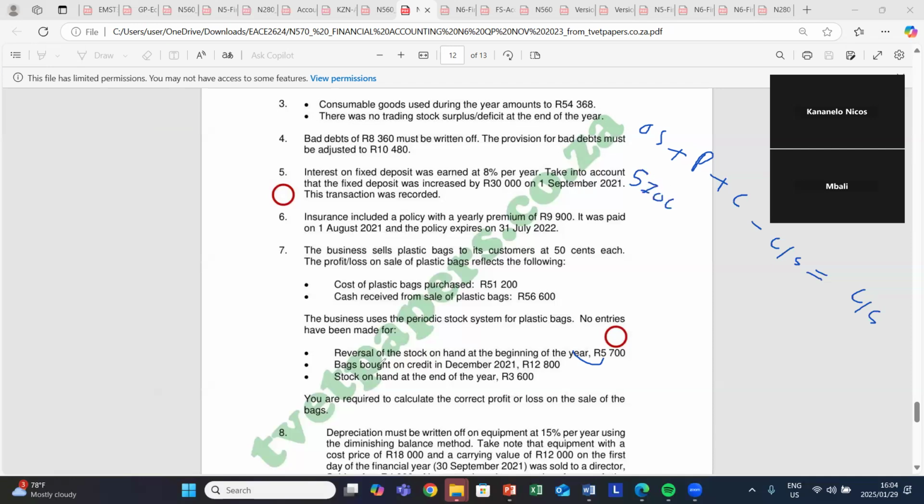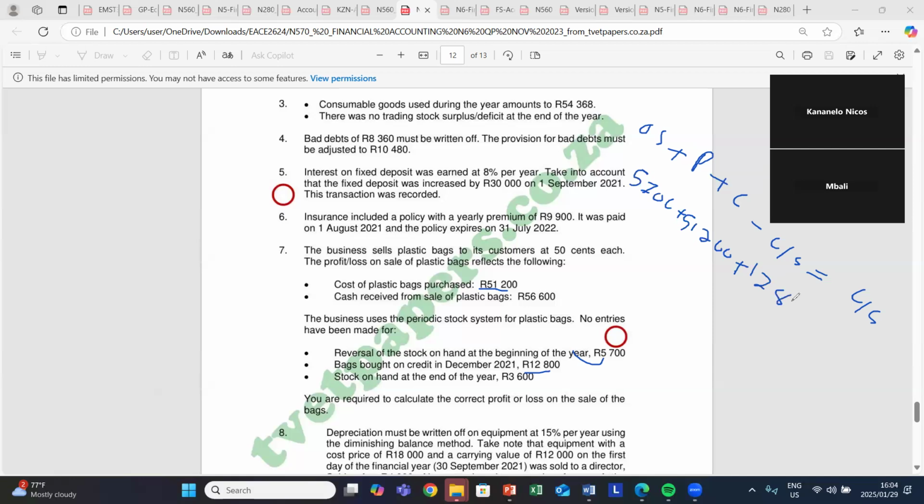The first purchase that you made is this one, 51,200, so plus 51,200. And then the second purchase that you made was also on credit, plus 12,800.